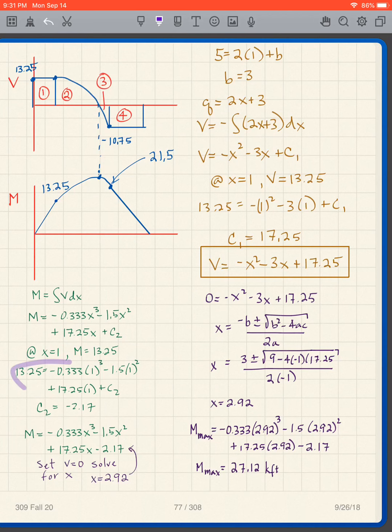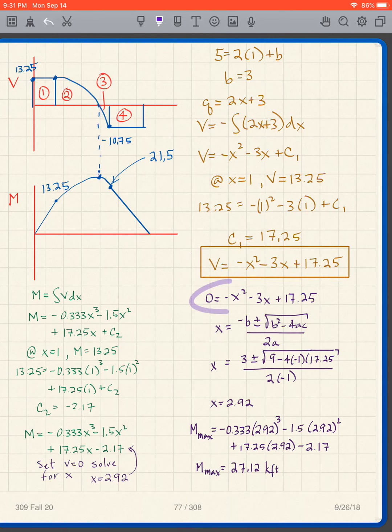I plug that in, and I solve for c2. I get c2 equals negative 2.17, and so my expression for M is that. Now what do I want to do? I want to figure out what this value here is to get my M max. Well, I have to set V equal to 0 because V is 0 here, and solve for x.